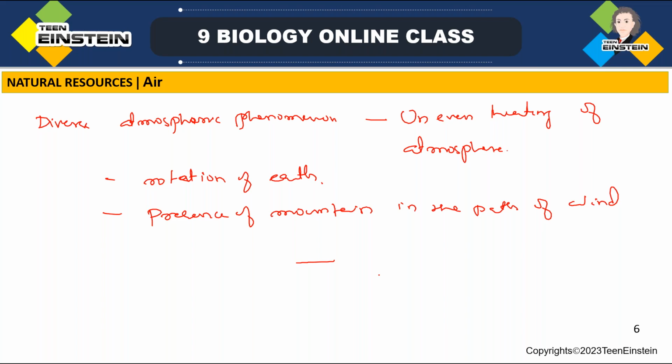Then in climatic control, we discussed the role of atmosphere, and the movement of air, which is called wind, how it is moving from one place to another, and the role of pressure difference in that movement, and the other factors influencing the movement of this air. What is that?